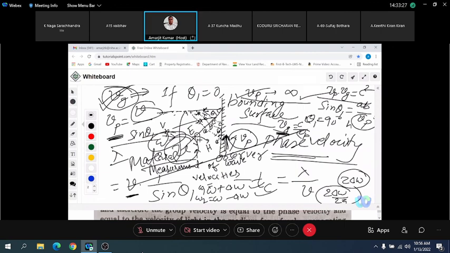Cosec theta 1 will be equal to Vp upon V. Cosec theta 1 is hypotenuse upon perpendicular, and the hypotenuse is Vp, the perpendicular is V. It is very easy. So basically Vp will be V upon sin theta 1, or V into cosec theta 1.